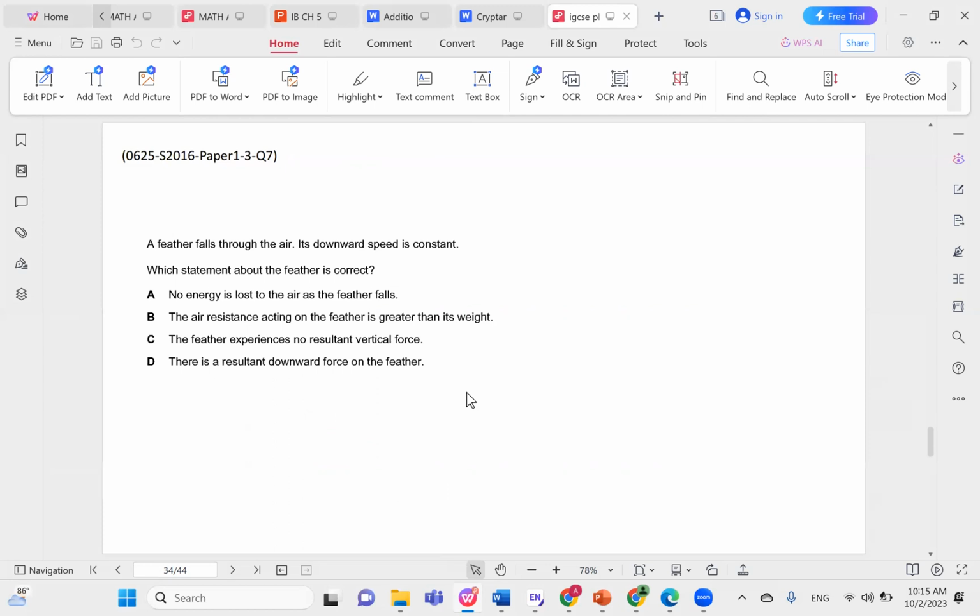A feather falls through the air, its downward speed is constant. Which statement about the feather is correct? So if the speed is constant, which phase is that? Obviously, terminal velocity. So if we have a constant speed, what is my resultant force here? Since the speed is constant, I have to have zero acceleration, which means zero resultant force.